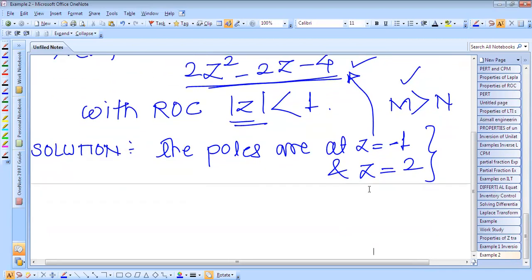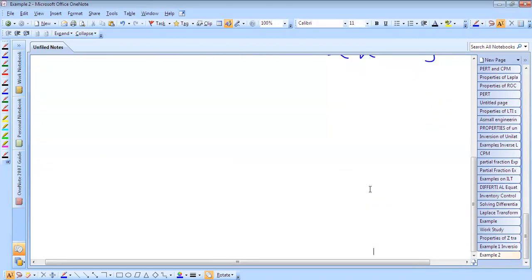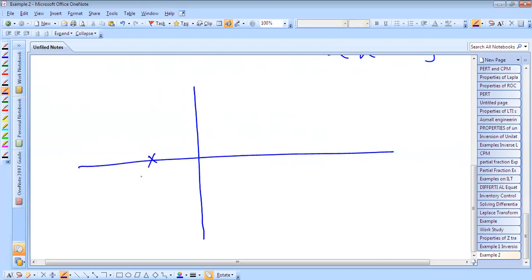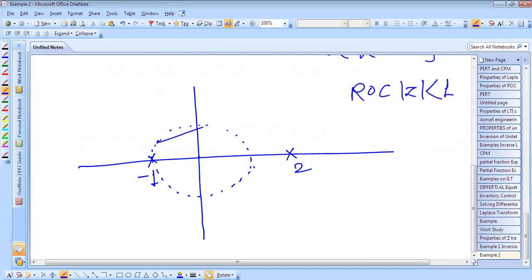We have to locate these poles in the z plane. Therefore, the location of these poles in the z plane is like this. This is the -1 pole and this is the 2 pole, and this is the origin. This is the unit circle of radius 1, and the ROC here is less than 1, so this is the given ROC.